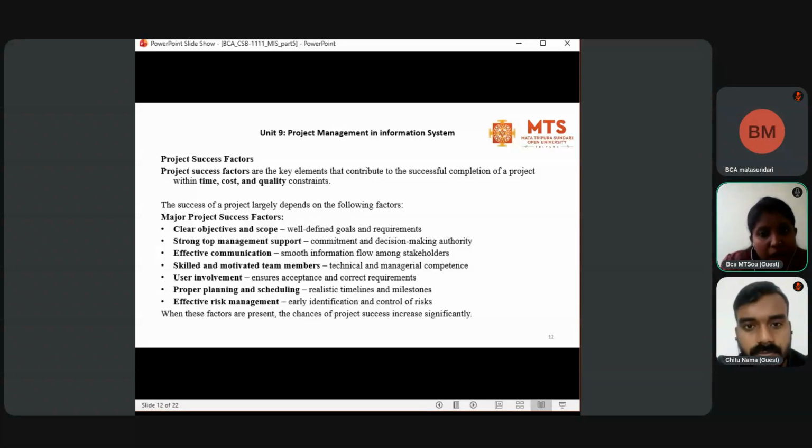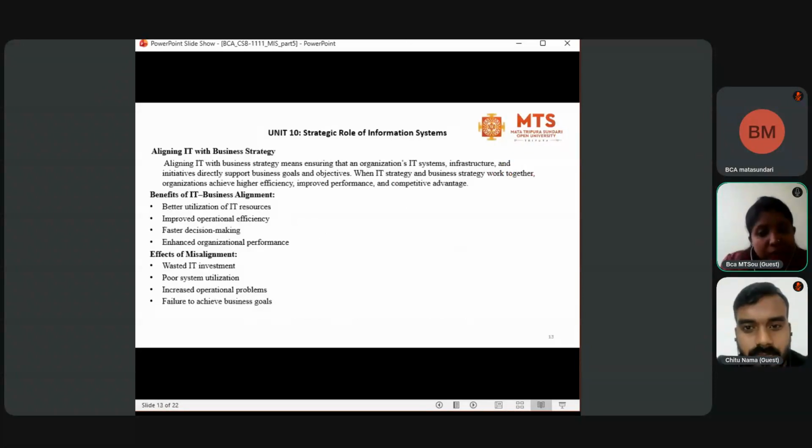Then in unit 10, that is the strategic role of information systems. In unit 10, we have aligning IT with business strategy.